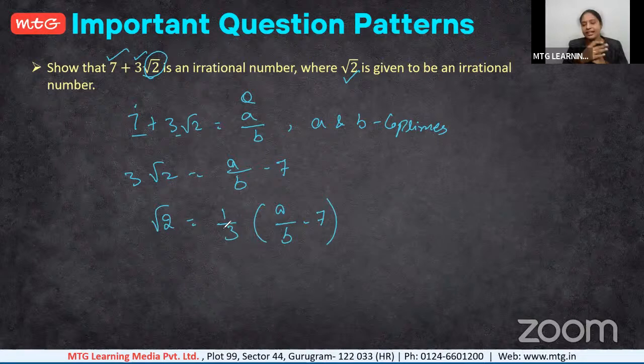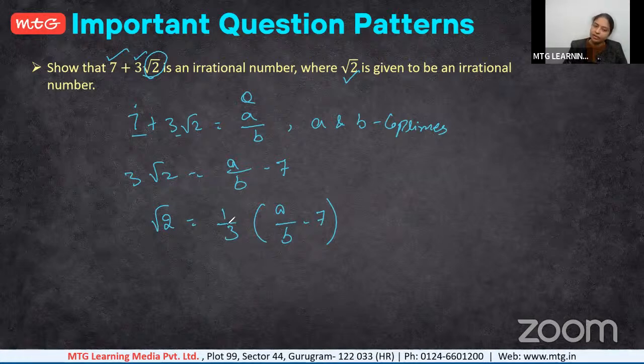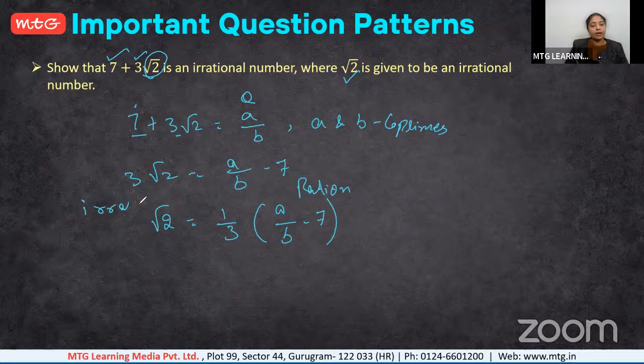Now, you know that in rational numbers, if you add, multiply, divide, whatever you do, you are getting a rational number. So here you see, A by B minus 7 will lead to a rational number when multiplied with 1 by 3 again. This is completely a rational part. On the left side, you have an irrational part. How can this happen? It can never happen.